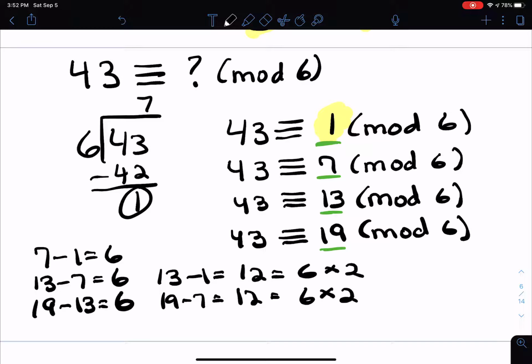If you do 19 minus 1, that's 18, which is the same thing as 6 times 3. So whenever you're focusing on a certain remainder in relation to your modulus, all of the results that can go in that blank that have the same remainder will differ by some multiple of 6.